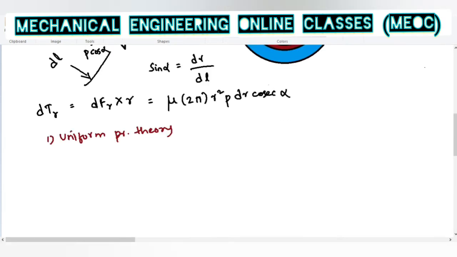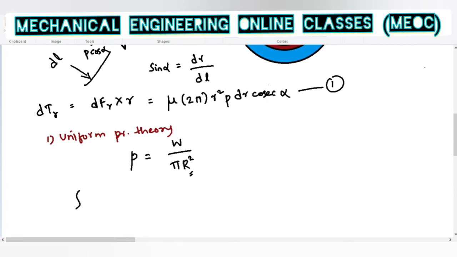First, considering the uniform pressure theory, according to which pressure is uniform and is equal to load divided by bearing surface area, which is W by pi R square. Please remember, this is capital R. Now I will try to integrate this equation. I am naming this equation as 1.